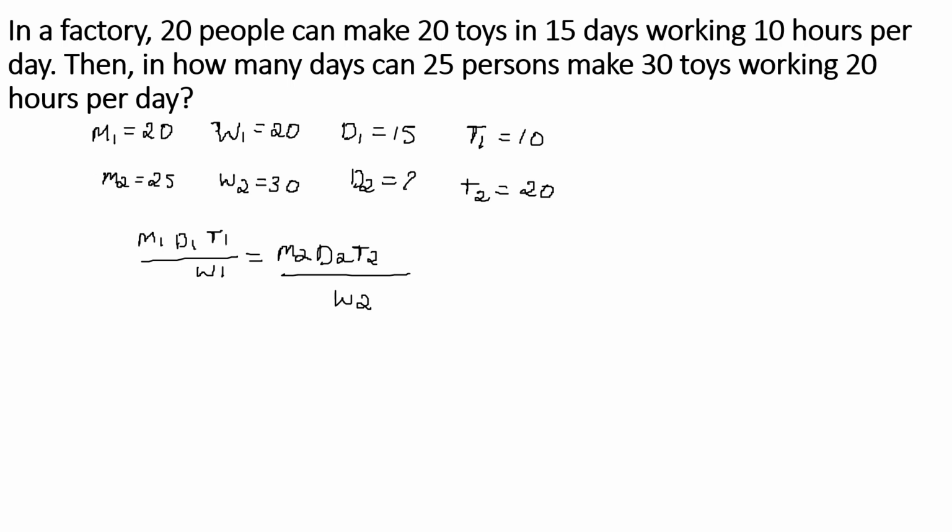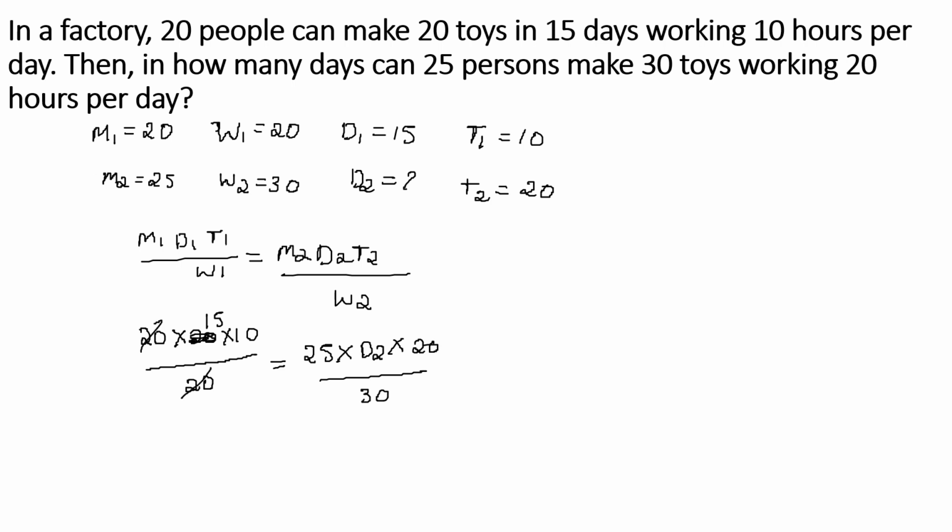That is, we have M1 is 20, into D1 which is 15, into T1 which is 10, divided by W1 which is 20, is equal to 25 into D2 into 20 divided by W2 which is 30. We can cancel this, and D2 will be equal to 15 into 10 into 30 divided by 25 into 20.